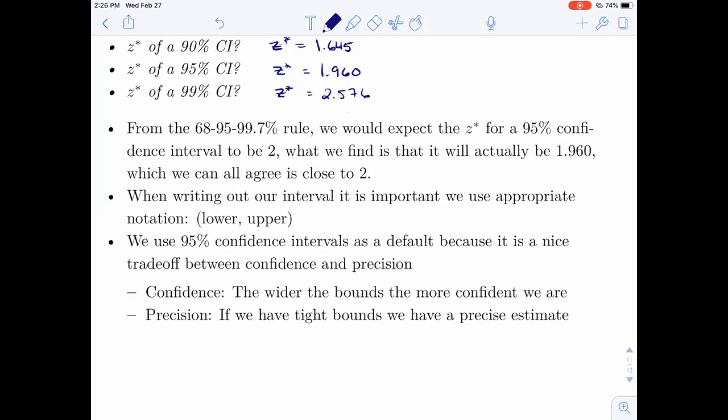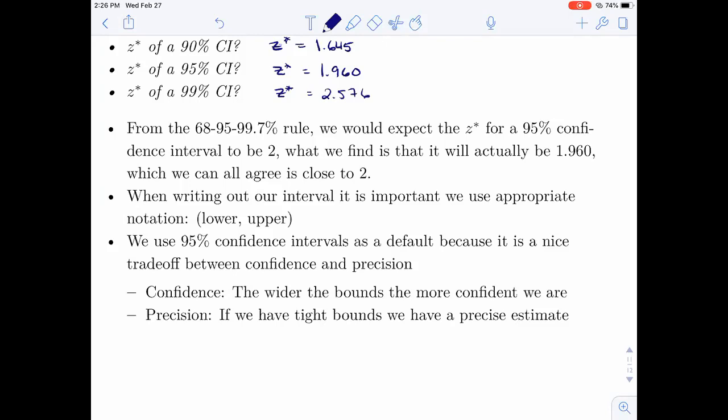For example, if I told you that I'm 100% confident that the distance to the door is between 0 and 15 meters, I can be 100% confident, but it doesn't actually tell you anything about the distance to the door. And so we have this trade-off.